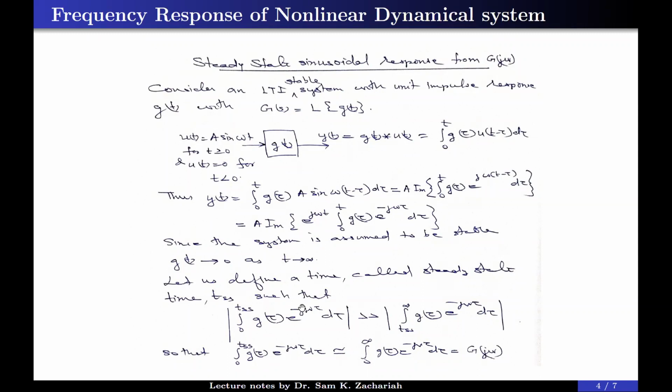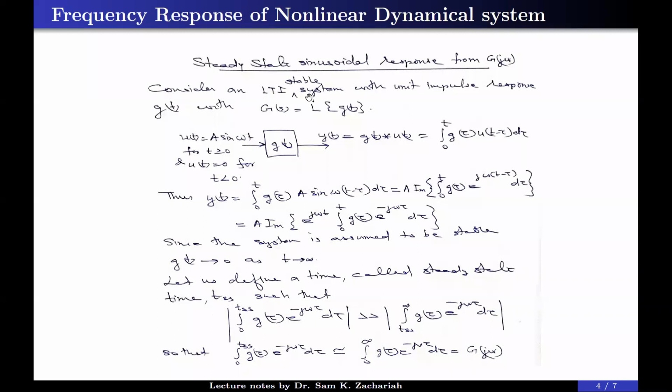Okay. As far as the linear system, we will consider now only stable linear systems, or more specifically, linear time invariant stable systems. Linear time invariant means coefficients are not changing, and it's a linear system that obeys superposition.